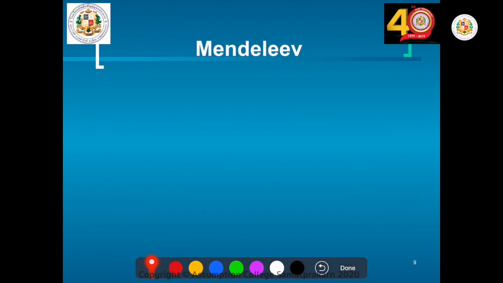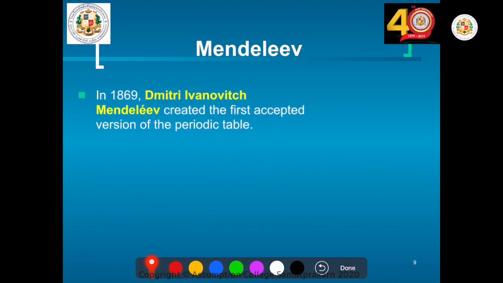Okay, now, who made the periodic table? As you can see from the name, he is called Mendeleev. He is the last scientist who tried to arrange the elements in different ways, as you can see from the periodic table.